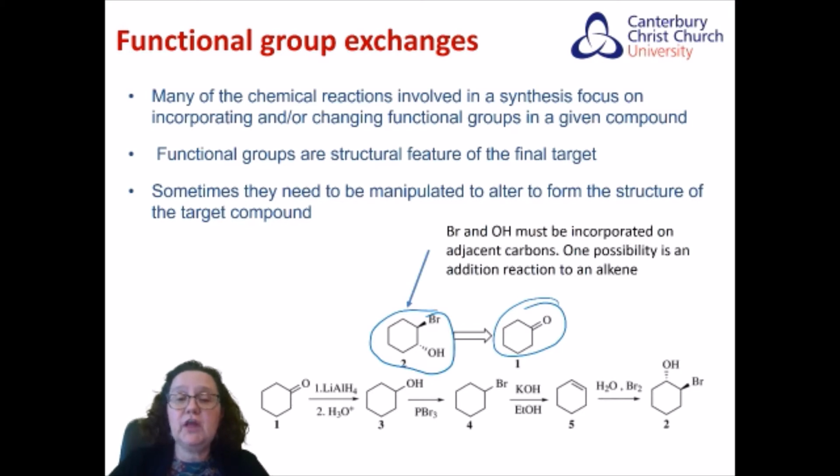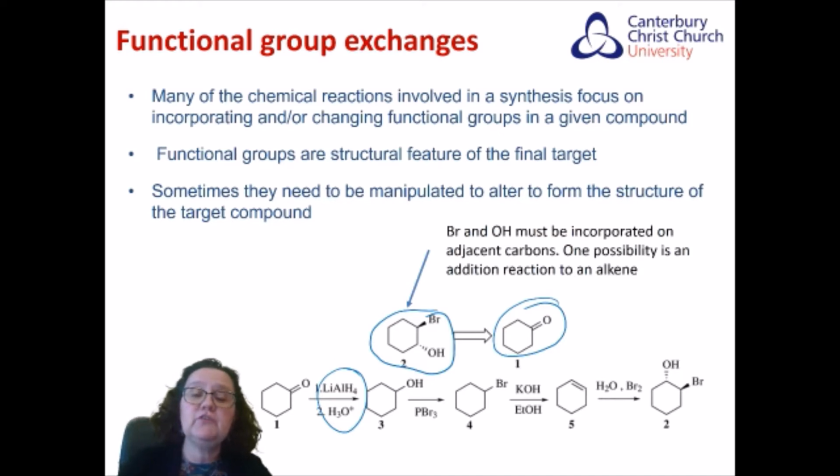So a first step would be to convert your cyclohexanone into a double bond, into an alkene group, and you can do that by first reducing the carbonyl group to a hydroxyl, and then it's not easy to do an elimination reaction that produces a double bond with the hydroxyl.